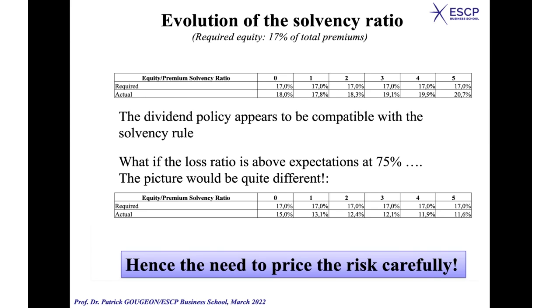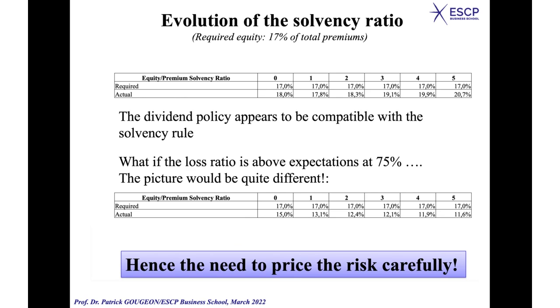So the real tricky business in insurance is to price, to make sure that you collect enough to avoid a liquidity crisis and to avoid a situation where your level of equity, your capital requirement, would not be met anymore. Hence, the need to price the risk carefully.